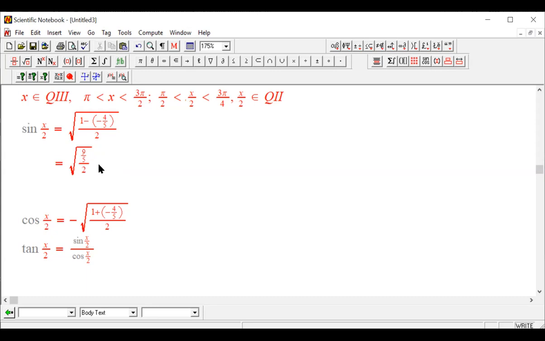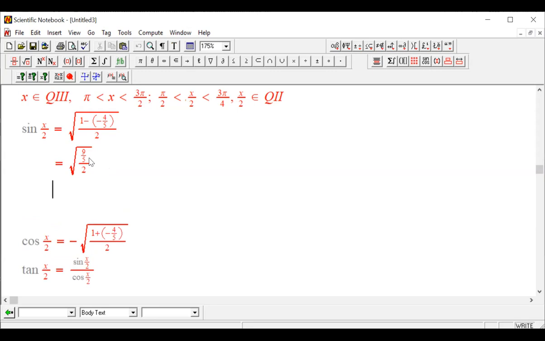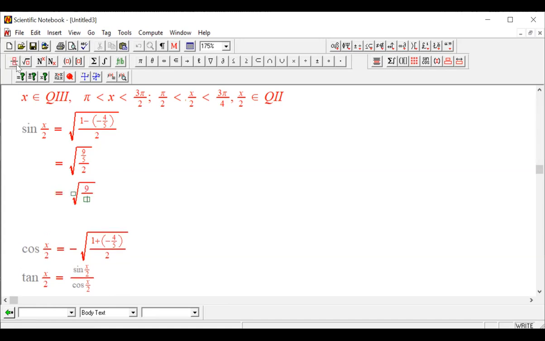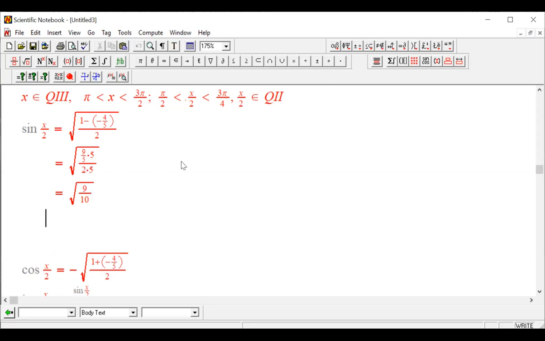Okay, so the next step we're getting to the square root of 9 over 10. We multiply by 5 here. Next step, we just get 3 over square root of 10.